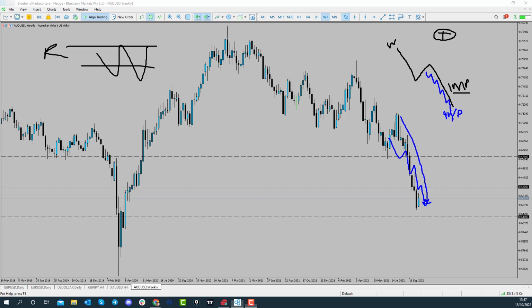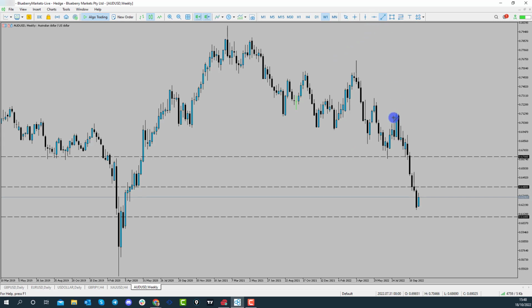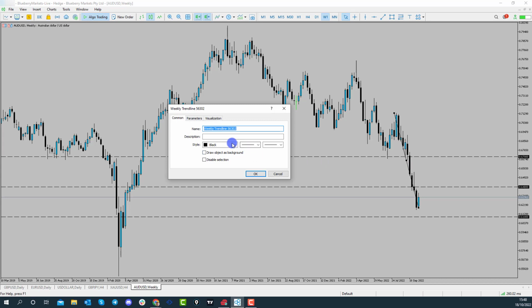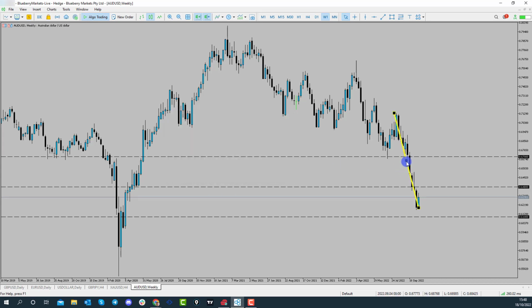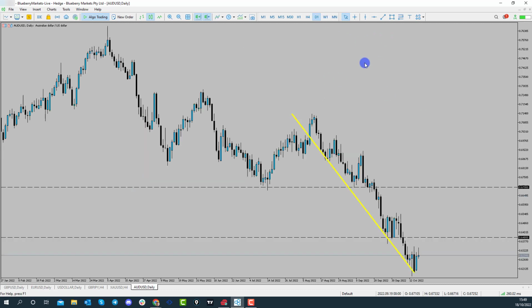You could even look at the daily chart if you didn't particularly like looking at the 4-hour time frame. So if I was just to prove that point, if I was to grab this trend line in here, let me just change the properties on it. Let's make it really visible. Okay, and if I was to go to a daily time frame, you can see that we created a high here, price then created a new low, we then had a lower high, price traded for the low, we had a lower low, lower high, lower low, lower high, lower low.